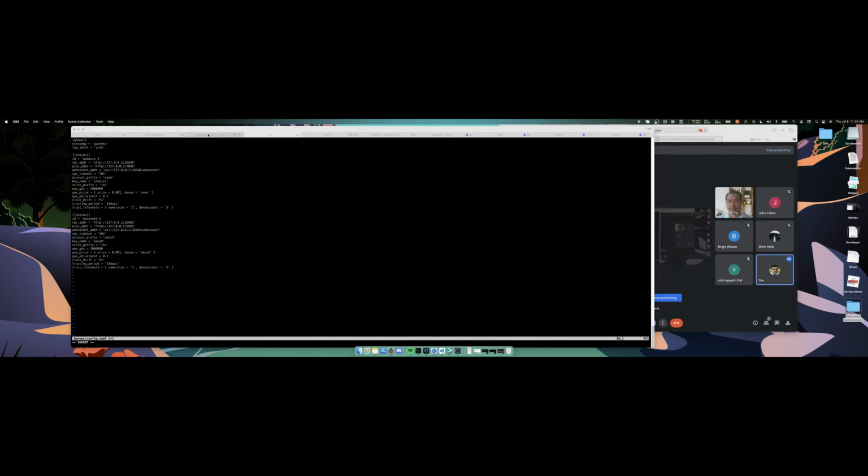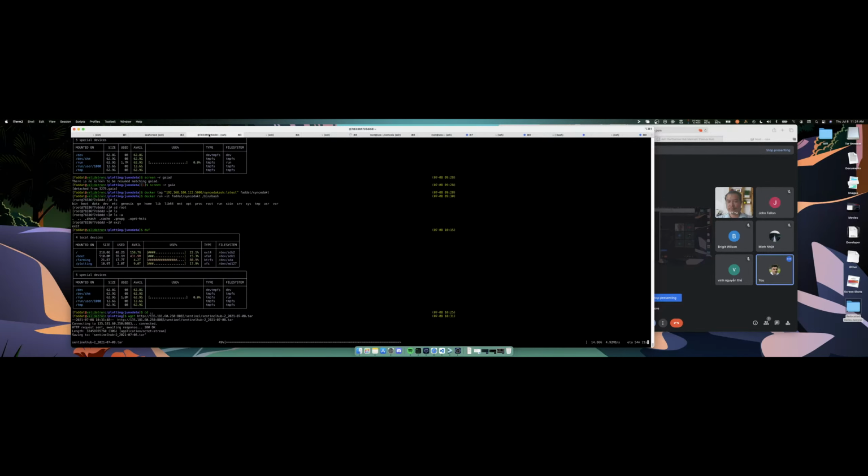So on this machine here, what I have is an instance of every major Cosmos chain. Gaia, Osmosis, Sif, Akash, Sentinel. A couple of them are not yet up, but should be later today.